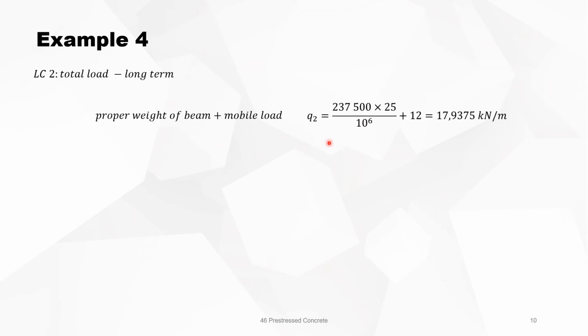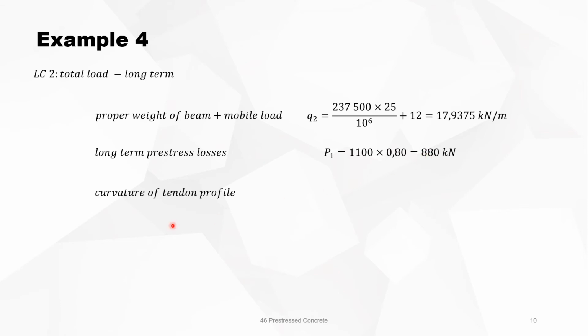For load case 2, that's total load and long term. We look at the proper weight of the beam plus mobile load, gives you 17.9 kilonewton per meter. Long-term pre-stress losses is then 0.8 times 1100, is 880 kilonewton.